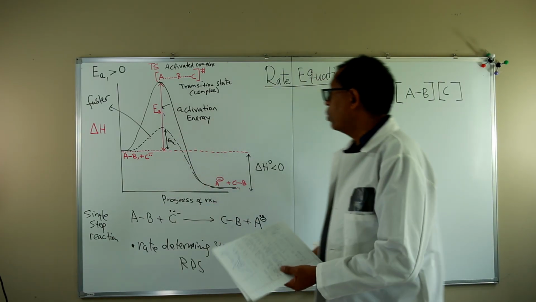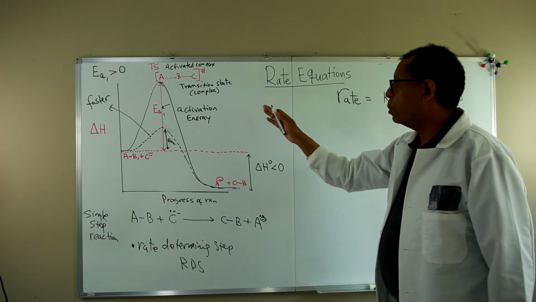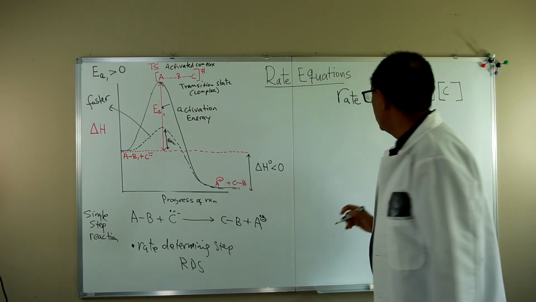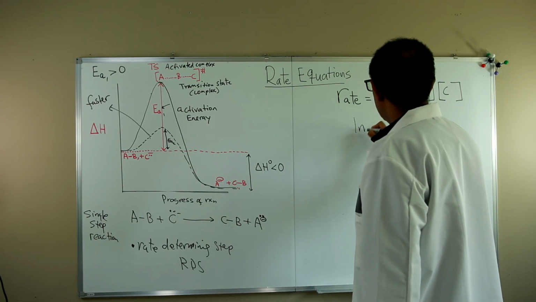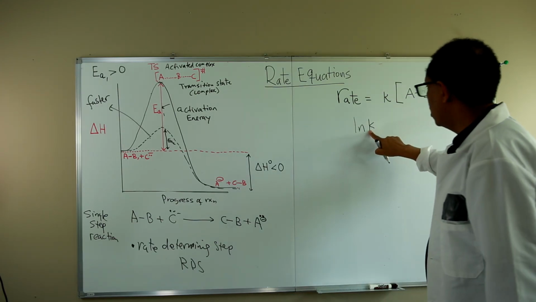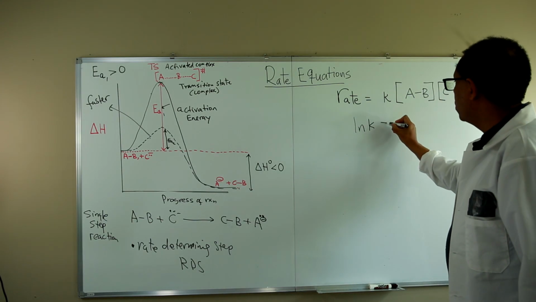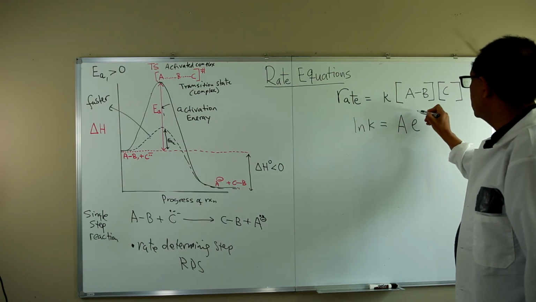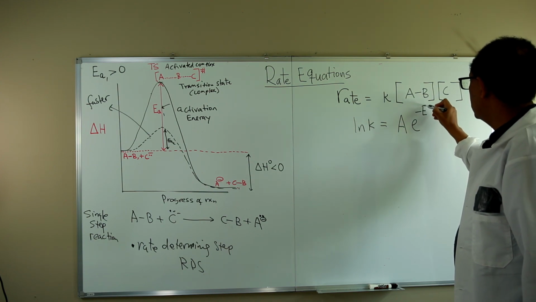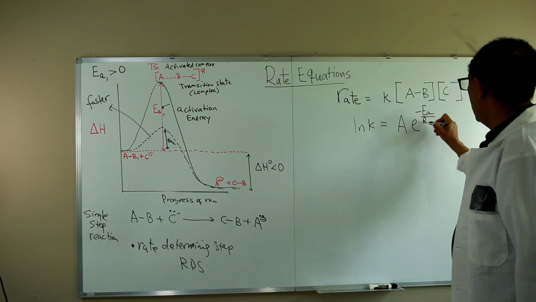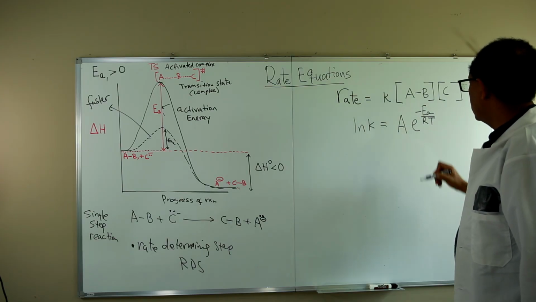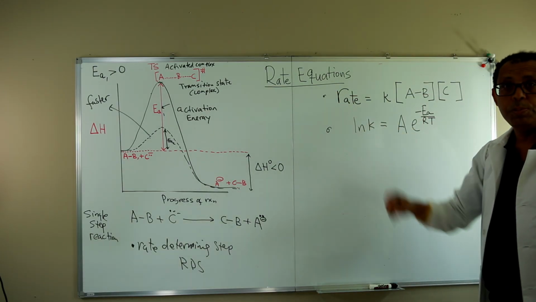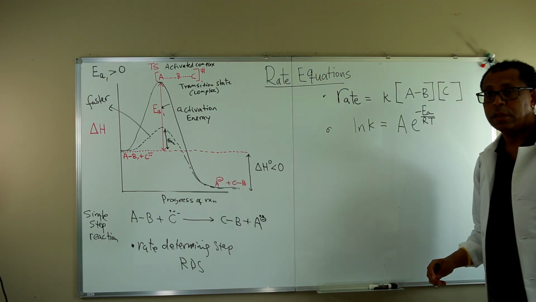The specific equation for activation energy included in the rate is defined by ln k, this is a rate constant, not an equilibrium constant, equals ln A, where A is called the frequency factor, minus E, the activation energy, over the universal gas constant and temperature. So these are the two important equations that you'll be encountering during rate calculations.